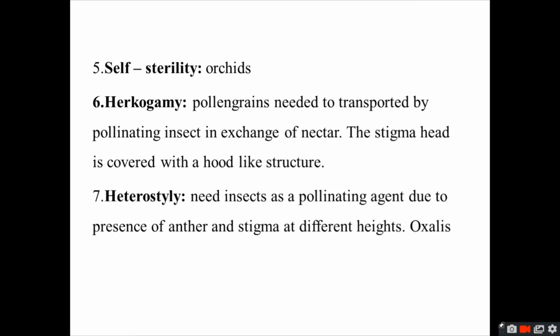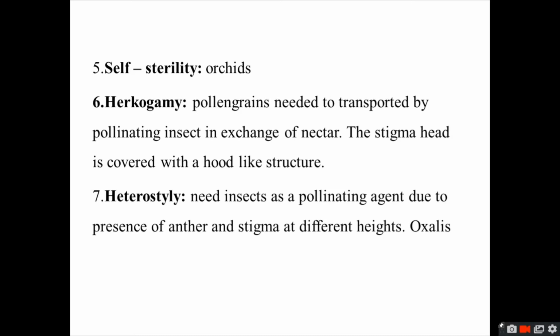In the case of the pansy flower, the male part or the pollen grains are to be transported with the help of pollinating insects. Why pollinating insects? Because pollinating insects help in clearing that hood-like structure, which is known as a mechanical barrier. So with the help of pollinating agents, the anthers are able to stick on the stigma.